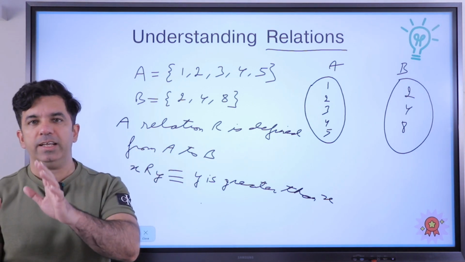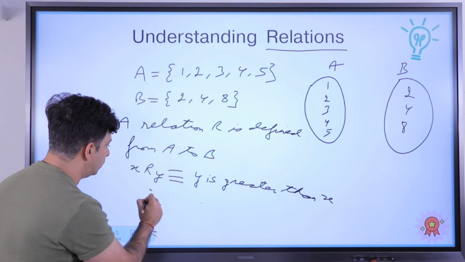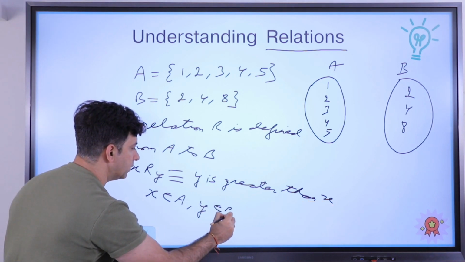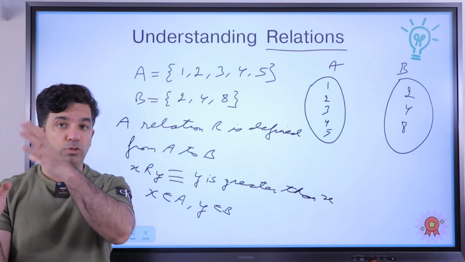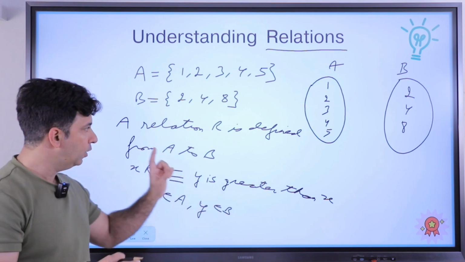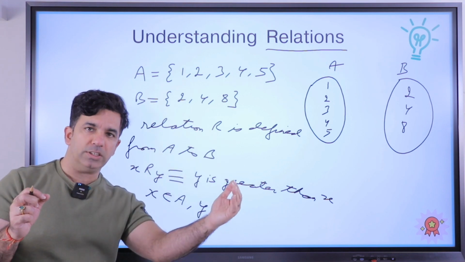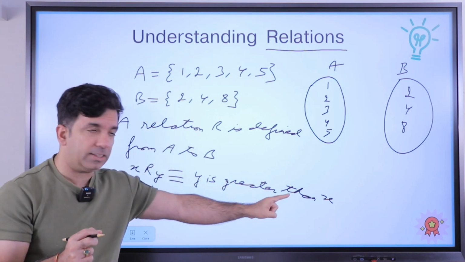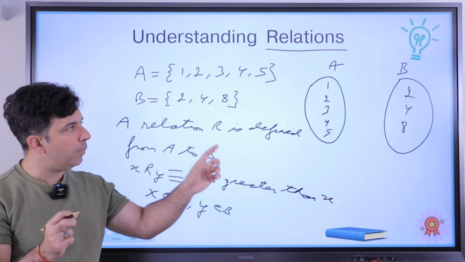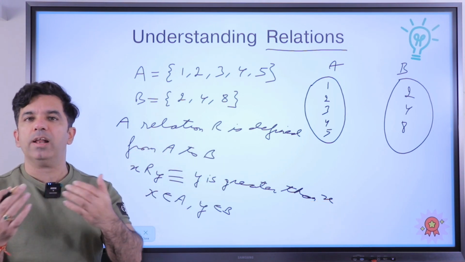The relation which has been defined is this: the first element, x, belongs to the first set, that is A, and the next element, y, belongs to the next set, that is B. A relation would be considered between an element of this set and an element of this set when y is greater than x, and y belongs to the set B. So if y, the element of the next set, is greater than x, the element of the first set, then we will say that these two are related.